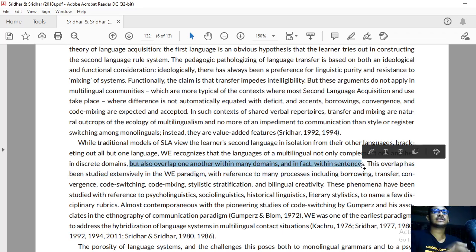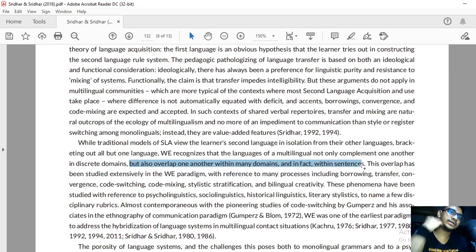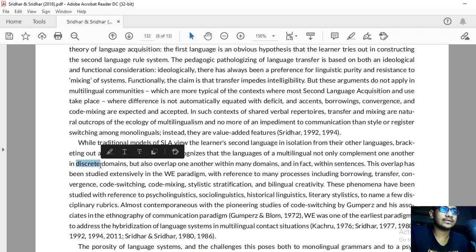So multilinguals actually have more communication skills. They can communicate with other people, and there are many other domains where their languages overlap and actually help them. Having access to more than one language helps them.